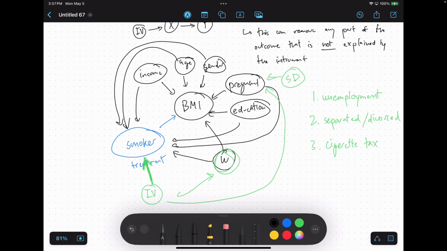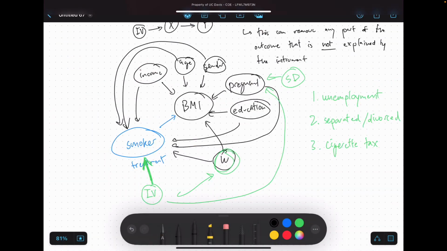And so even though in one place you may see variation in income, age, gender, whether or not they're pregnant, and education, what you're basically saying is that it's not the cigarette tax that's causing someone to have higher or lower income, or slightly different education, or to be different genders or pregnant. None of that stuff is happening because of the cigarette tax, right?